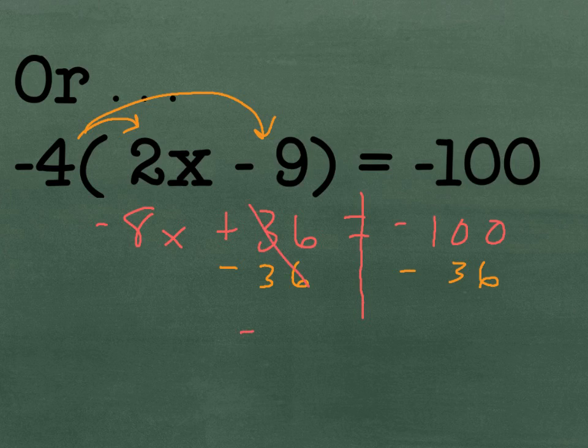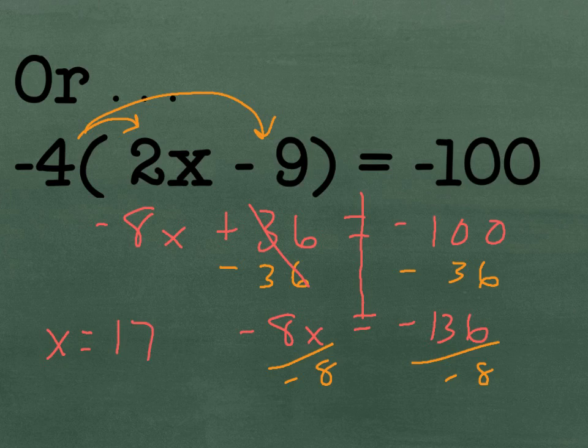Those are gone. So negative 8x is equal to negative 136. And then we're going to go ahead and divide both sides by negative 8. And I'll move over here. X would equal a positive 17. Again, there is only one answer. X has to be 17.